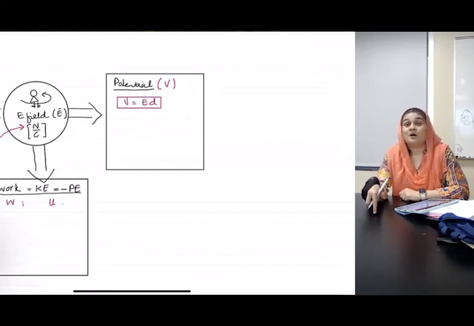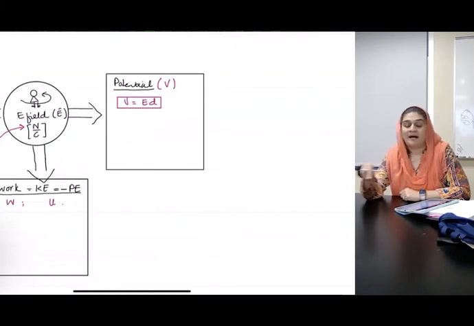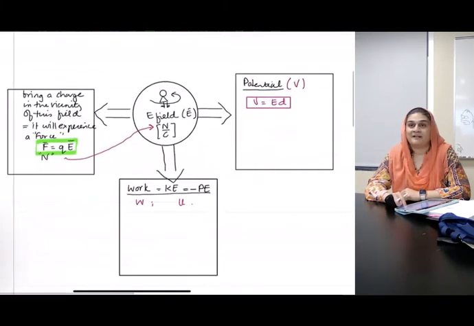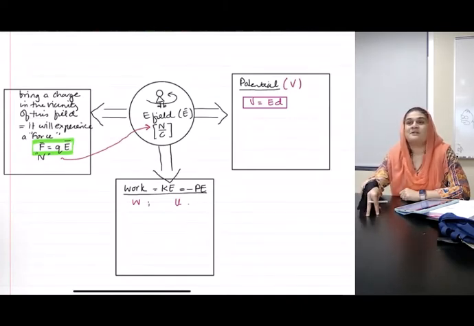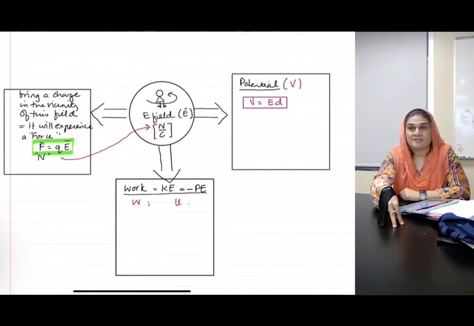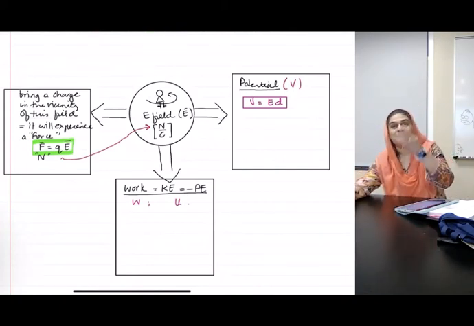Potential is what gets developed when you move a charge in the field by the distance d. Do you see how the E field is the important factor in all of this? E field is what we should start with. E field determines the force that a charge experiences and also how much potential it will develop when it moves through it.